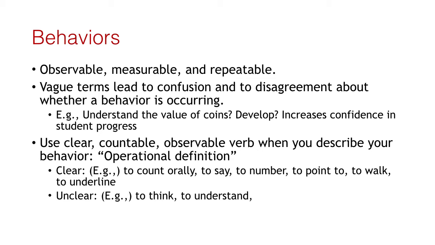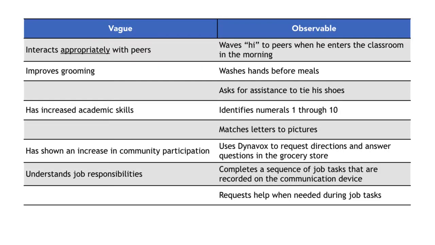Let's take a look at an example of a vague term and an observable term right now. Here we can compare what is vague and what is observable. As you can see, you need to operationalize your term in a very specific way. The first example: interact appropriately with peers.